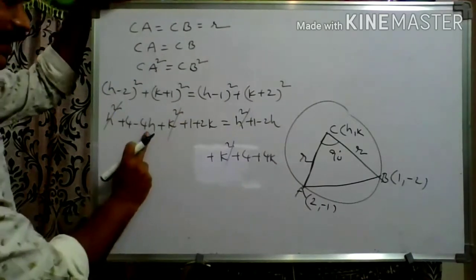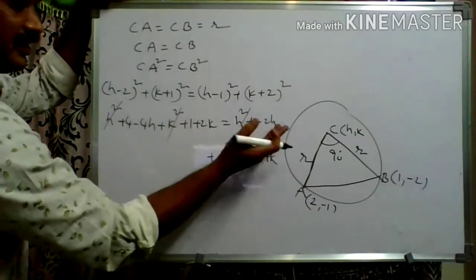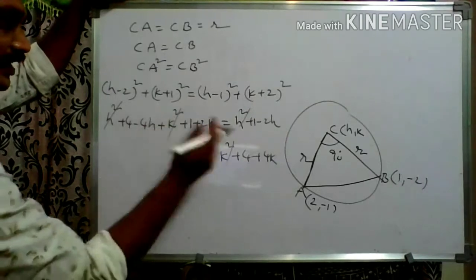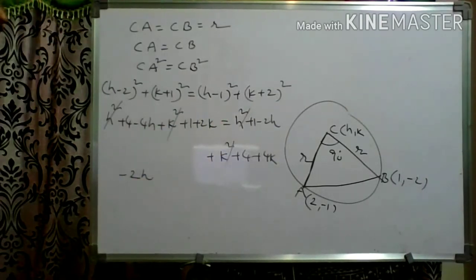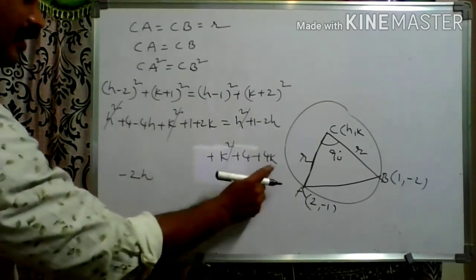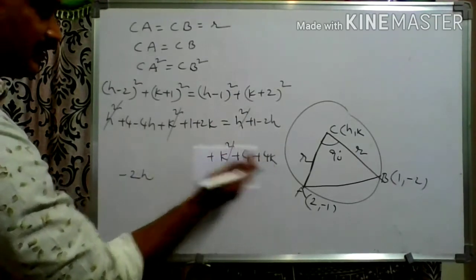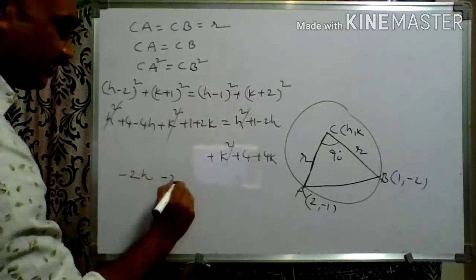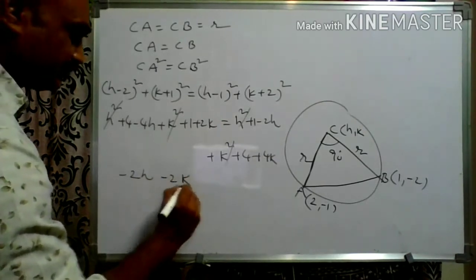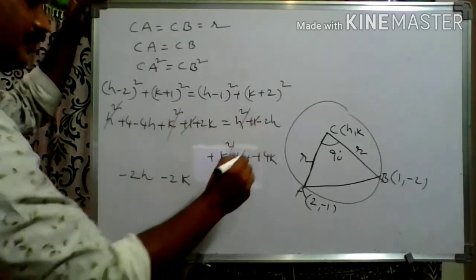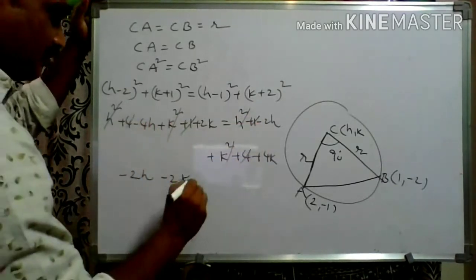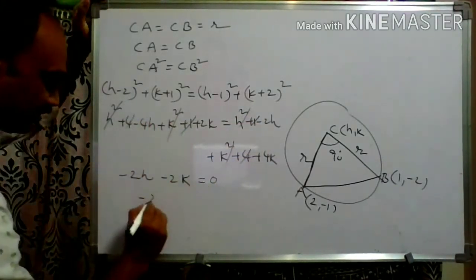So minus 4h and minus 2h: taking this to the left hand side, minus 4h plus 2h is minus 2h. Next, 2k minus 4k, taking this to the left hand side, is minus 2k. Next the constants: 1 and 4 get cancelled. So minus 2h minus 2k is equal to 0.